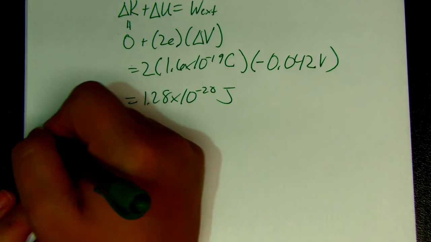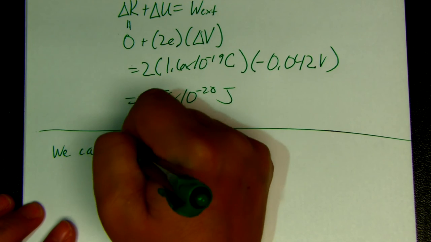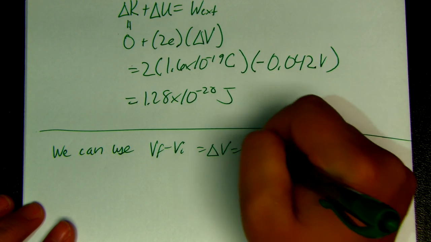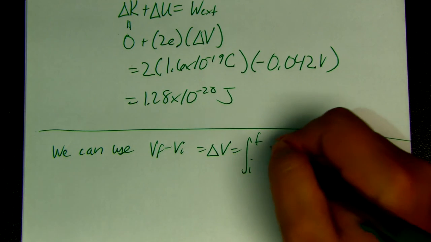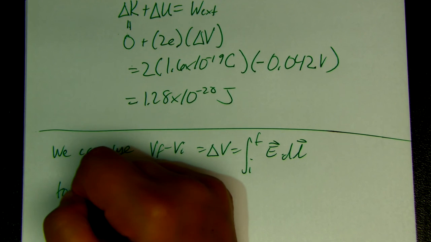All right, so moving along, we can use VF minus VI equals delta V from initial to final, E dot dl, for complex paths.